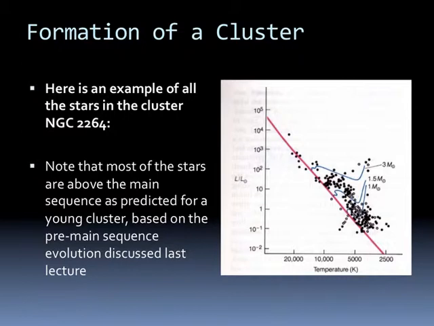Note that most of the stars are above the main sequence, as predicted by a young cluster. All these stars have yet to get to the main sequence. The higher mass ones are already on the main sequence, and the even higher mass ones may have already burned up all of their hydrogen and are starting off into the giant phase.